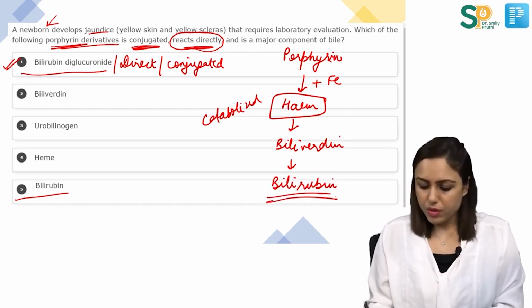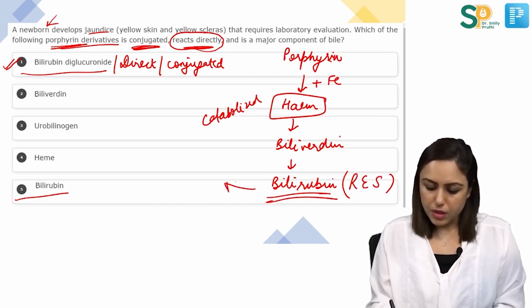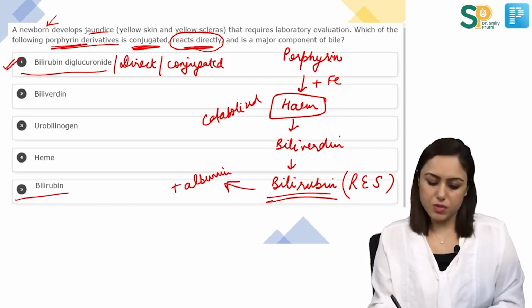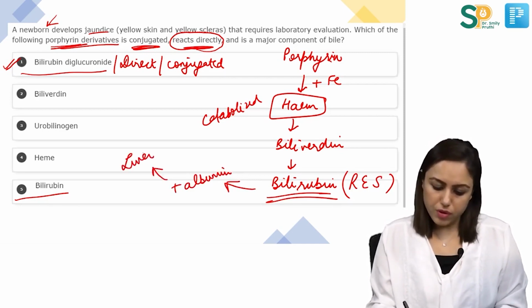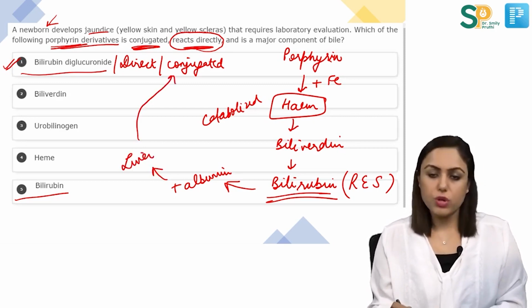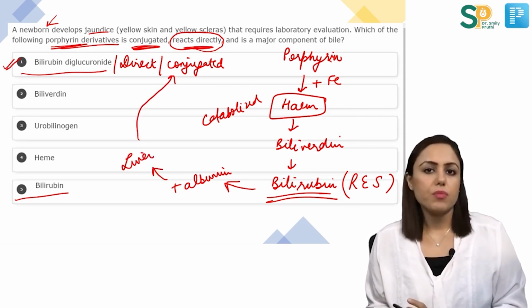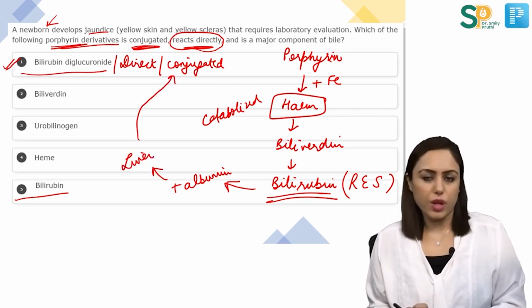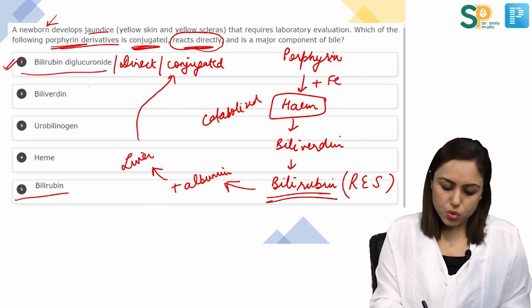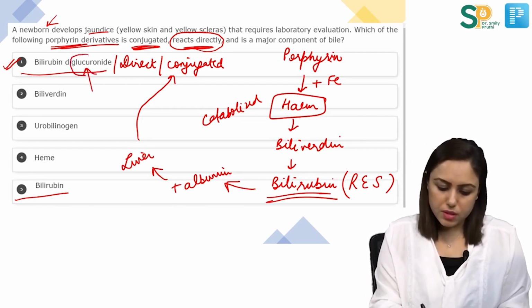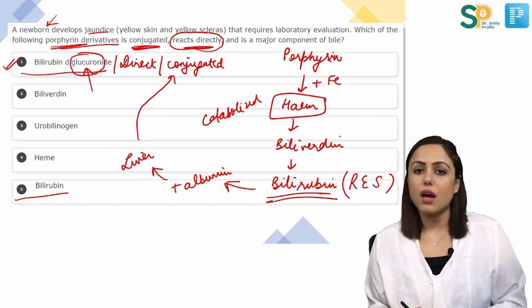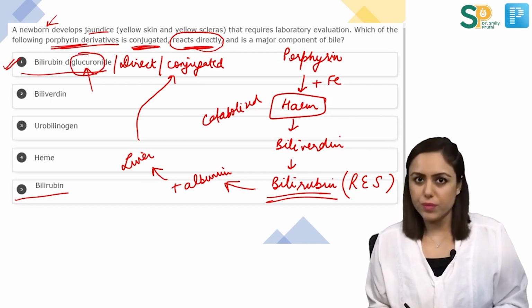So bilirubin is formed in the reticuloendothelial system, then it joins albumin protein in the plasma and reaches liver. In liver this conjugation occurs and we get bilirubin diglucuronide, that is 2 glucuronic acids attached to this bilirubin, right.